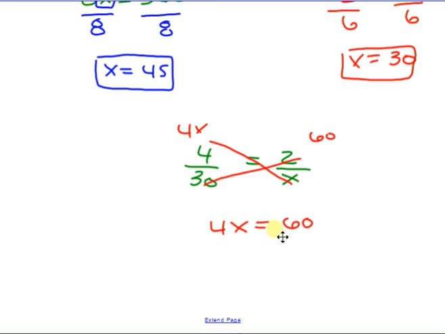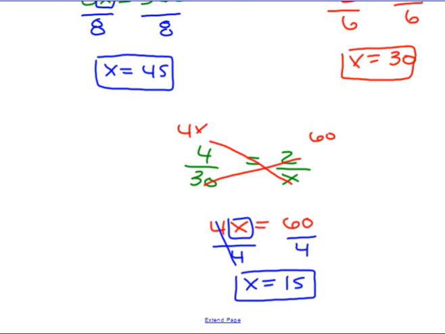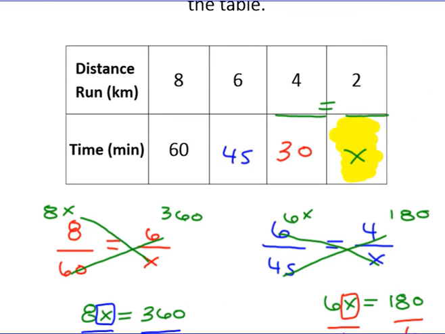Box the variable. Divide by 4 on both sides. These are going to cancel. And then x equals, and then 60 divided by 4 is going to be 15. And then you've completed that table.